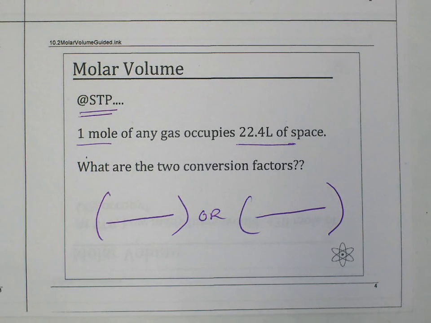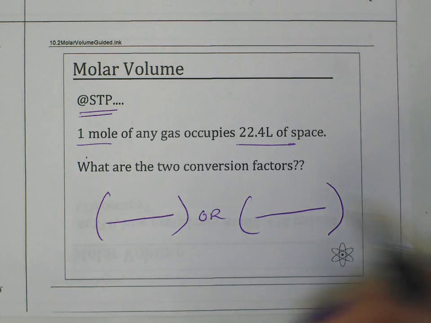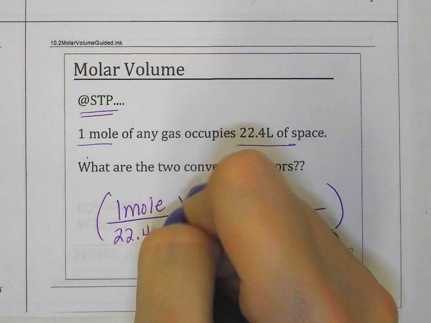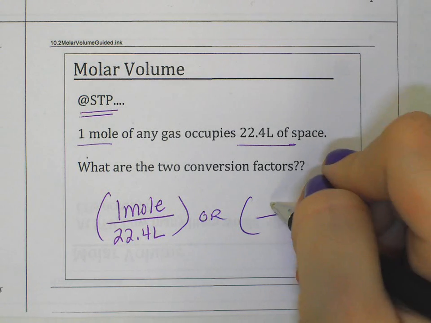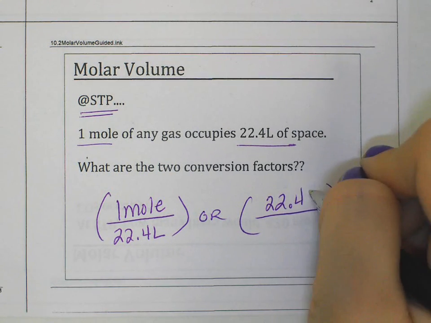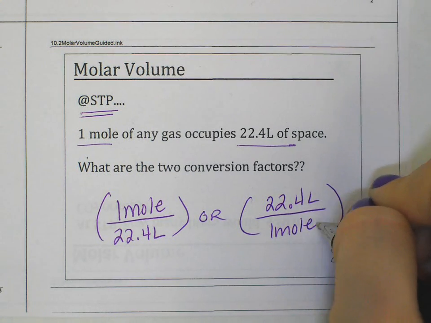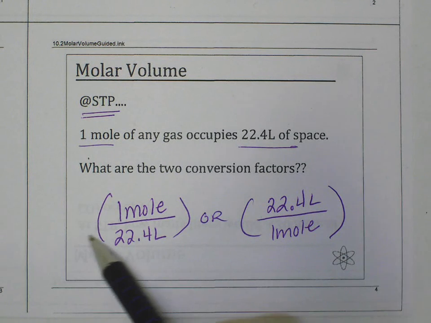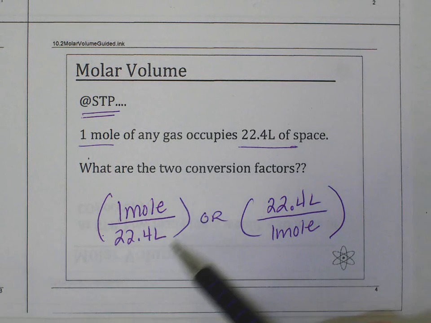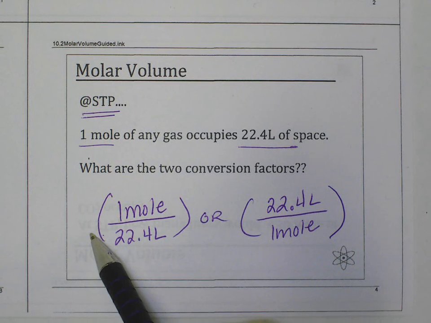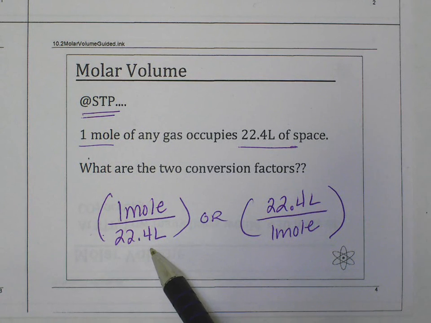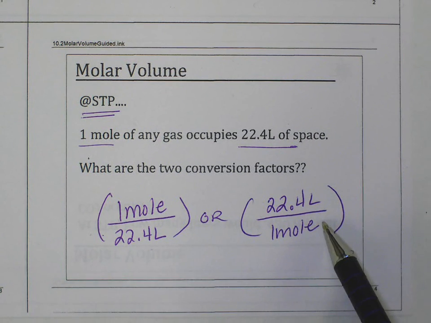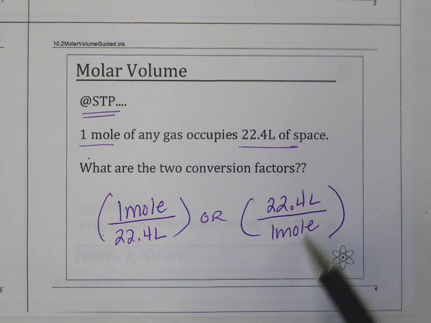Just like we've taken all of the other things and converted them, we're going to do the same thing here. 1 mole of our gas over 22.4 liters, or 22.4 liters over 1 mole. And then you just have to decide which one you're going to use based on what you start with. I would use this one if I start with liters. I would use this one if I start with moles.